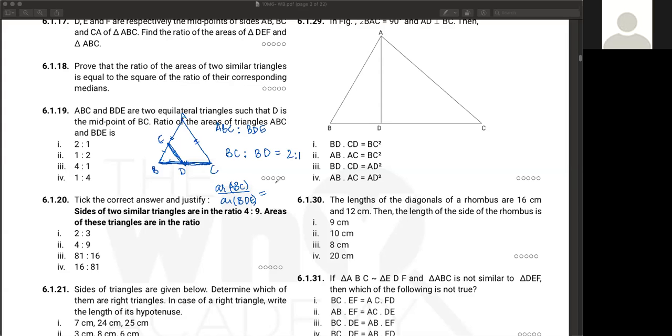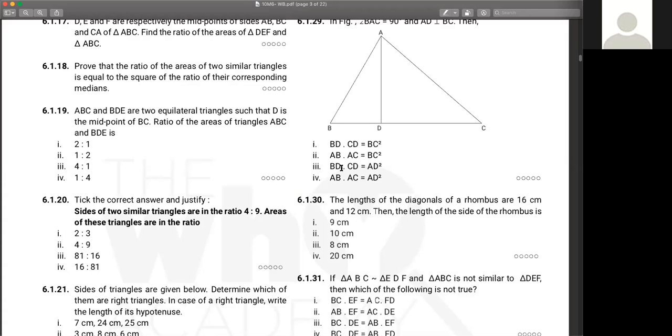So how will we get that? So AB is to EB will also be 2 is to 1, right? Yes. Okay, so then it will be 4 is to 1. ठीक है. So इसका square है, तो इसलिए 2 is to 1 है, तो इसका square होगा 4 is to 1. Alright. Thank you, ma'am. Got it.